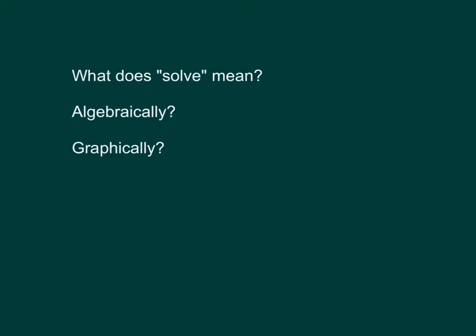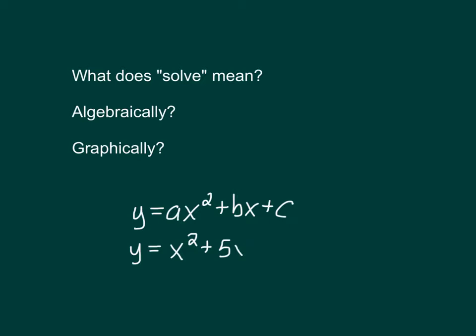We're solving, which means we should know what solve means. Because when I give you a quadratic equation, it may be in the form y equals ax squared plus bx plus c. So something like y equals x squared plus 5x plus 6. If I ask you to solve that, what are you supposed to do?